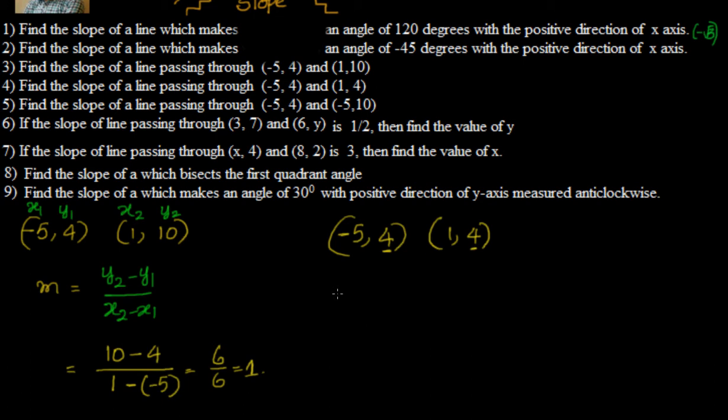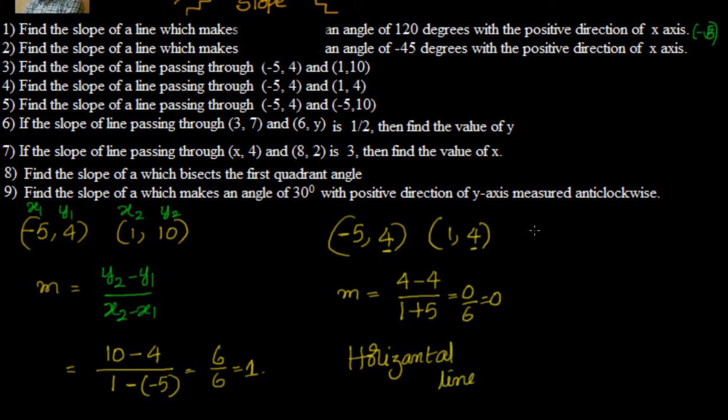So what will be the slope? Same formula, y2 minus y1, that's 4 minus 4, 0. So 0 by 6 equals 0. You can see that the slope is 0, which means this is a horizontal line.